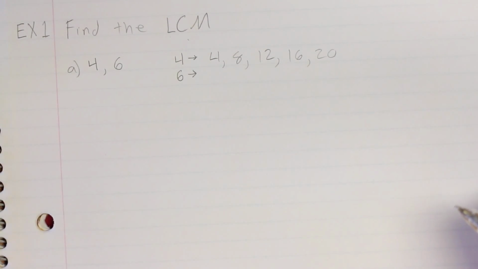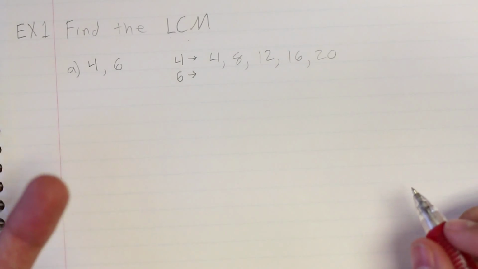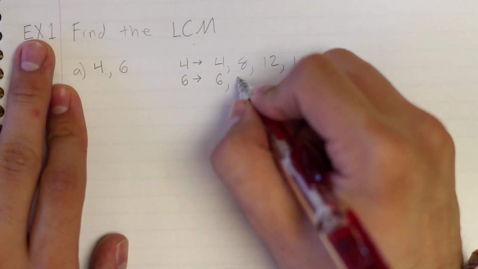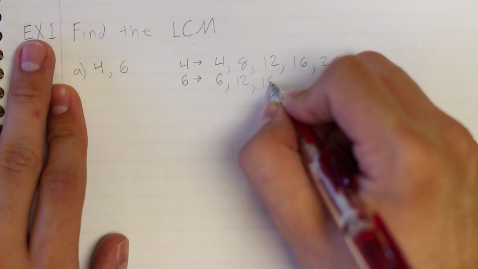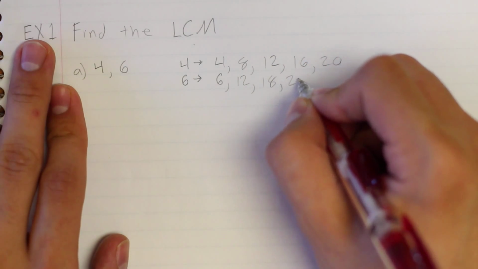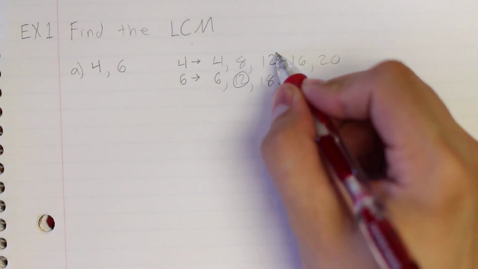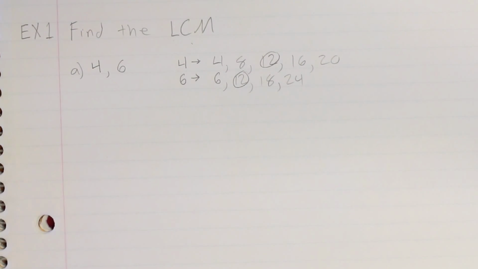And some people go, wait, are you just counting by 4s? Basically, yeah, that's what multiples are. So this next one has 6, 12, 18, 24. We're going to stop there. So the question is, what is the smallest number that they have in common on both their lists? 12. That's how the least common multiple works, okay?